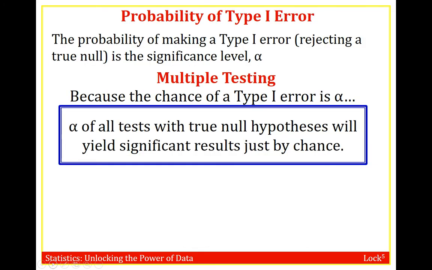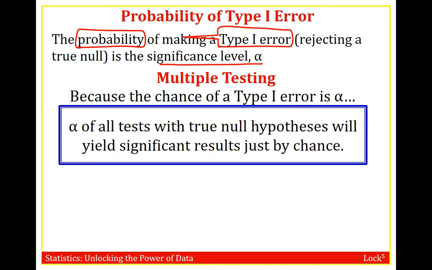It says the probability of making a type 1 error, rejecting the true null, is the significance level alpha. Need to underline that. The significance level alpha is the probability that you will make a type 1 error. I don't know how that happened, but it's really cool looking.